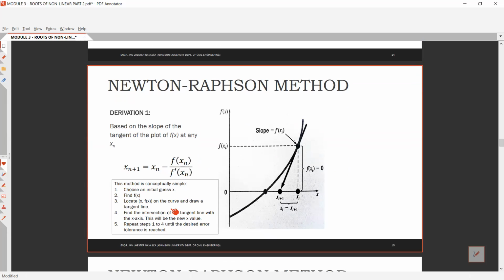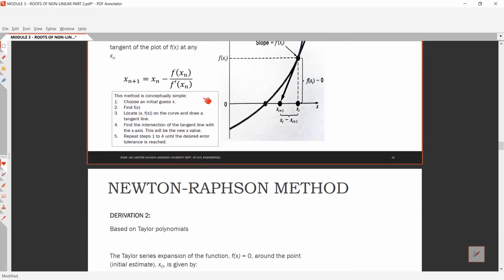Okay, so you will choose an initial guess of x. Then find f of x. Then locate that x and f of x on the curve and draw a tangent line. Then find the intersection of the tangent line and the x-axis. Then this will be the new x value. Okay, repeat 1 to 4. Okay, and then ito yung na-derive na equation.